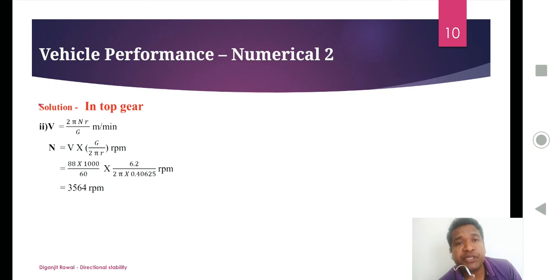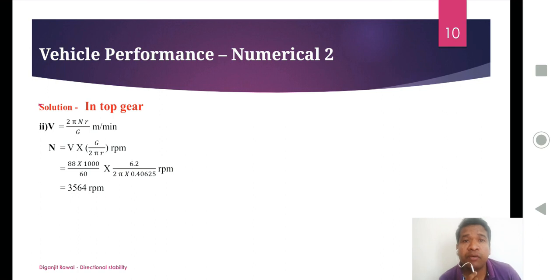Next, in top gear, we have to calculate engine speed. So we know the formula. V is equal to 2 pi capital N into R upon capital G. This is in meter per minute. So capital N is equal to V into G divided by 2 pi R. This is in RPM.